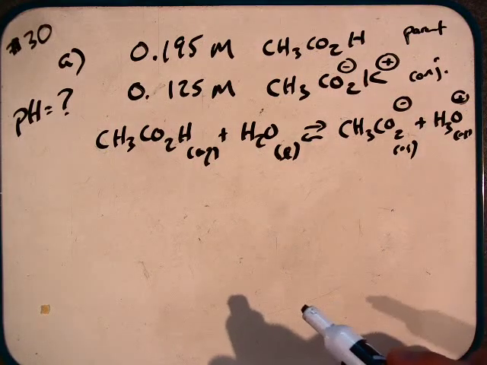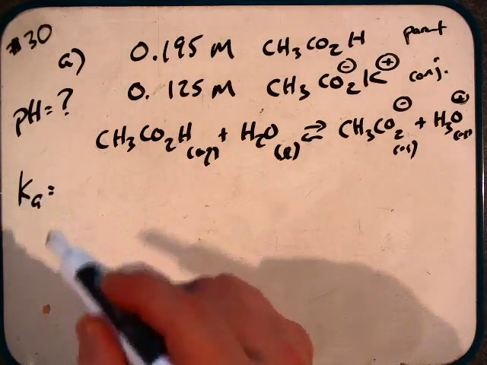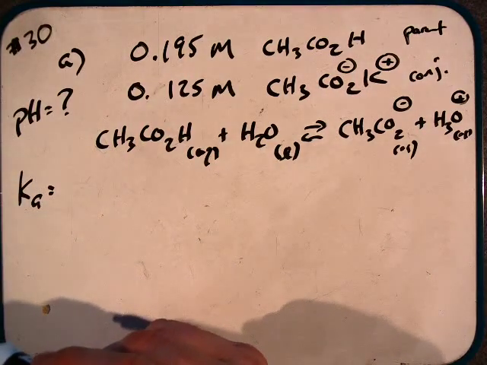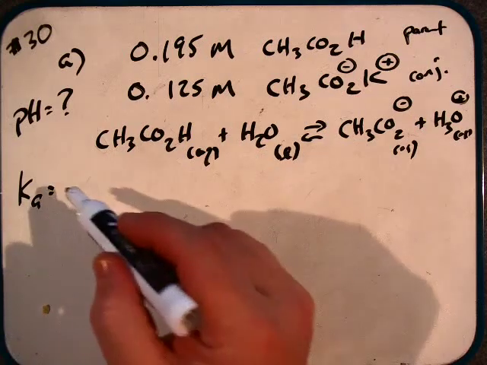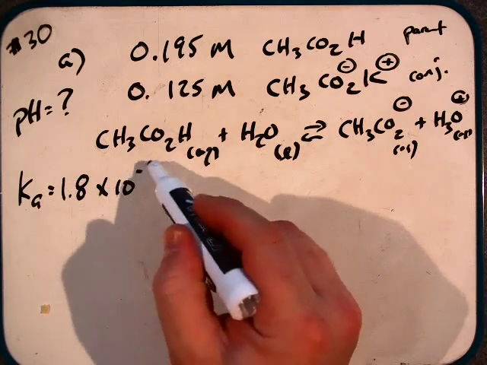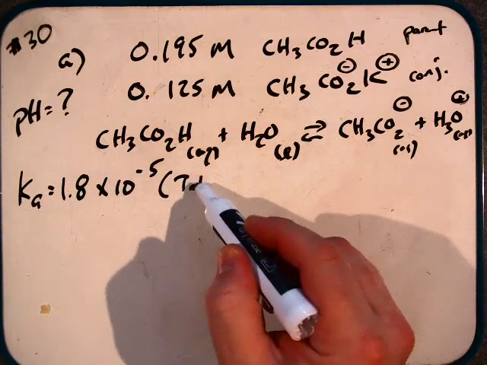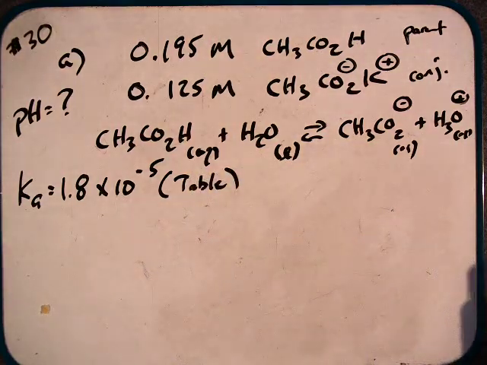So we need to have a Ka, and so we have to realize that we have to find that Ka in the table back in the prior chapter of acids and bases, and the Ka for acetic acid is 1.8 times 10 to the negative fifth, and so we get that from a table.